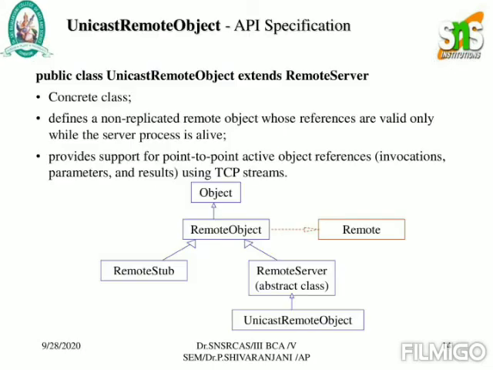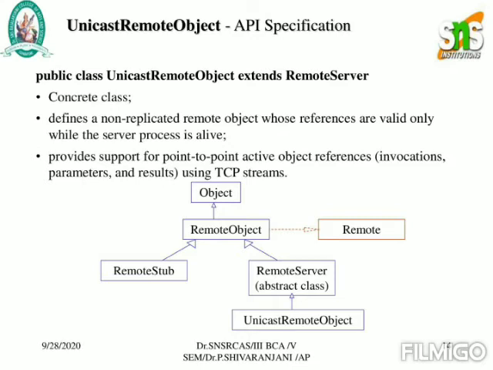So the next one is UnicastRemoteObject. That is nothing but your API specification. This will help you to access your remote classes or remote objects. By using public class UnicastRemoteObject, you create a class and extend the remote server inside your program.